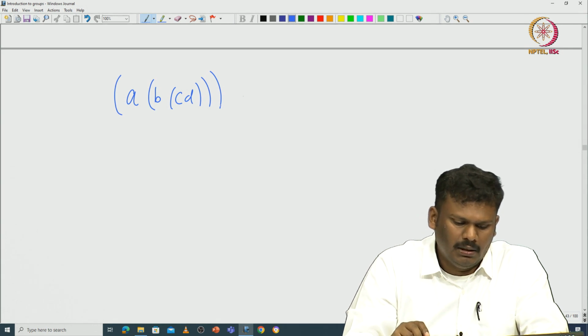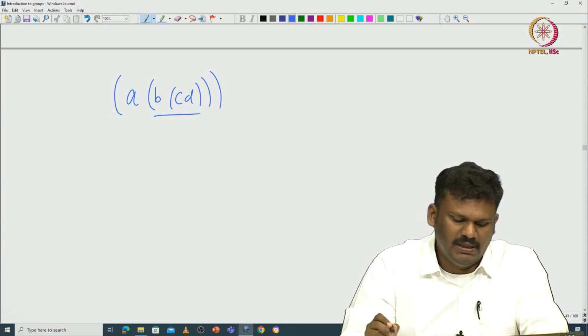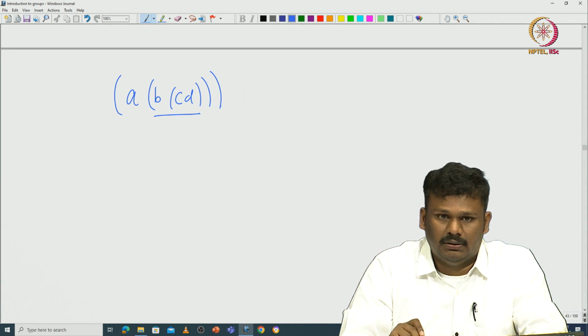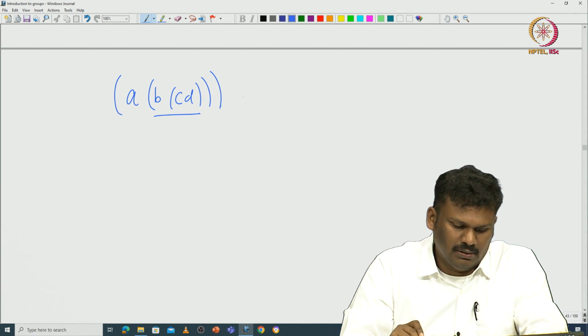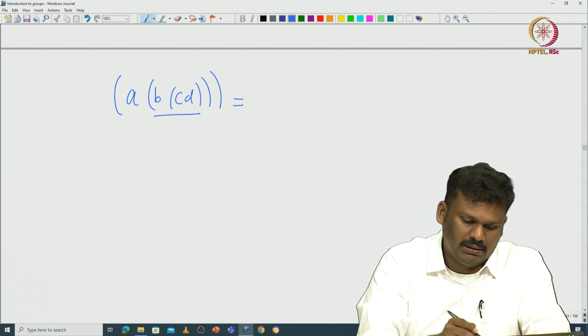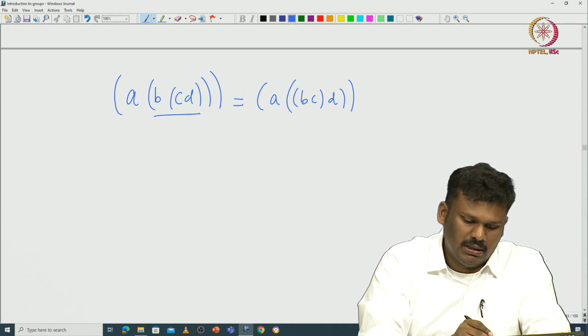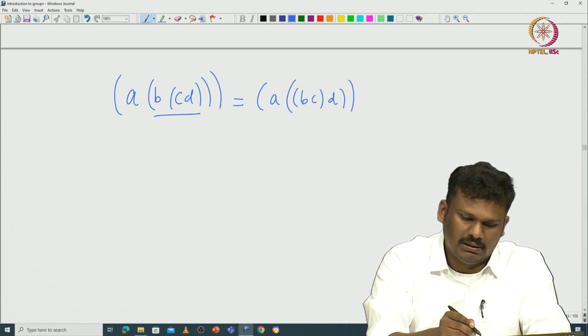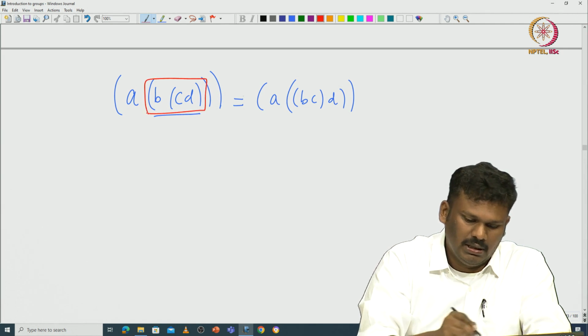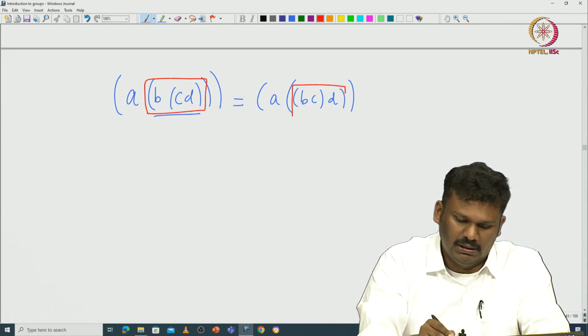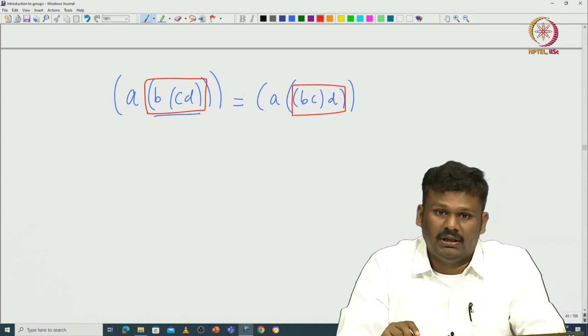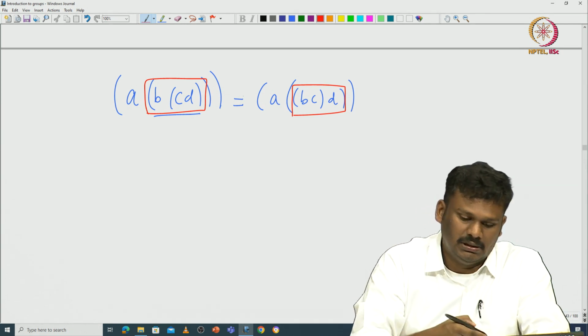But the thing is, for B, C, D it does not matter the way in which you bracket them. They are the same. So if I group them in some other order, like A, B, C and then D, since this element B, C, D that I have written here is the same as this element, and again you are bracketing with A, it tells you that these two are actually the same.